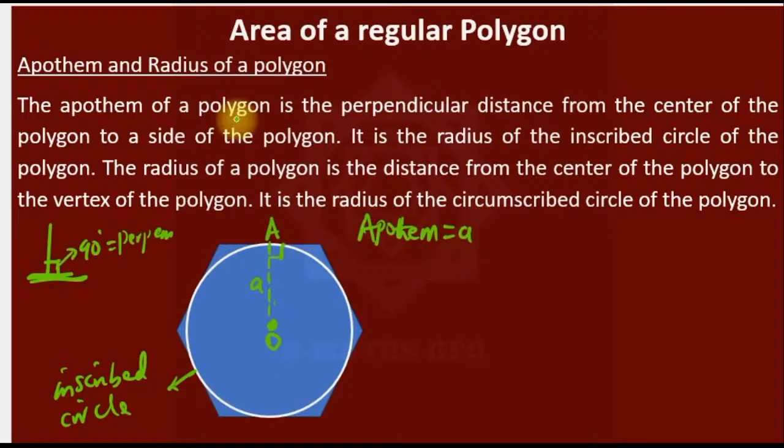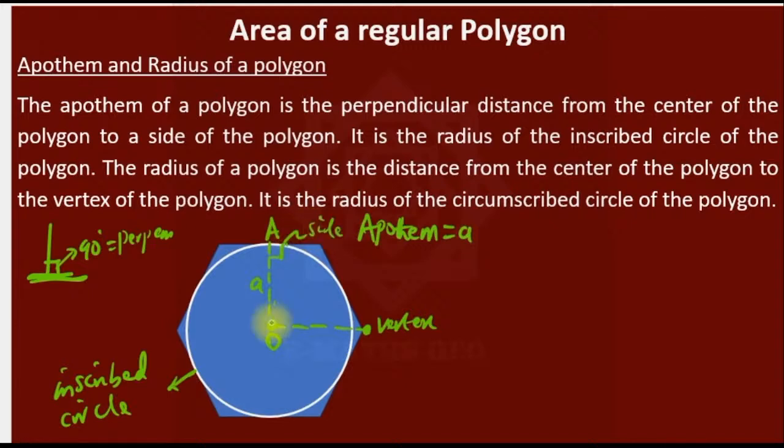We now move to the radius of a polygon. The radius of a polygon is the distance from the center to the vertex. If you see the vertex, this is the vertex, while this one is the side.